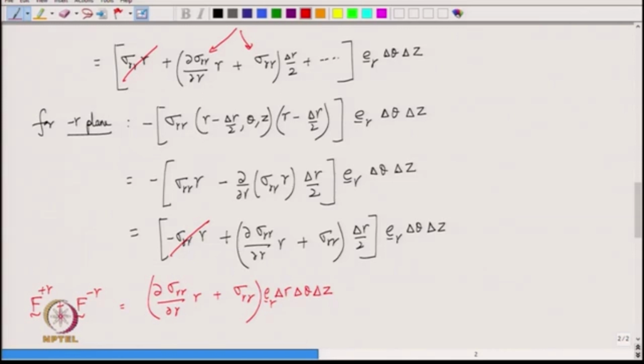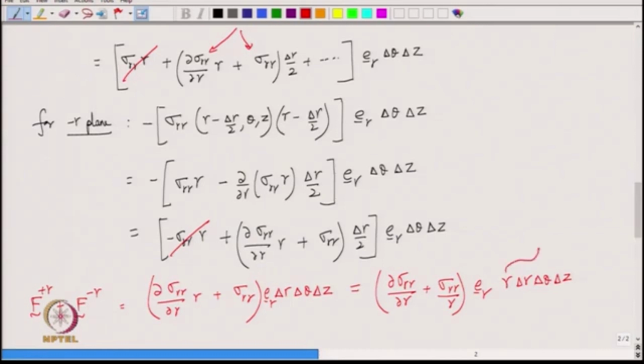You know, we could also write this as del sigma r r over del r plus sigma r r by r. So, we take an r common, take it outside, into E r times r delta theta into delta z.